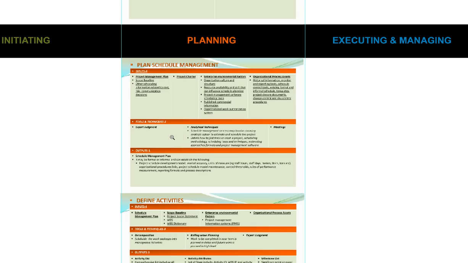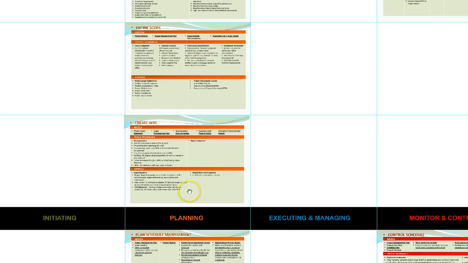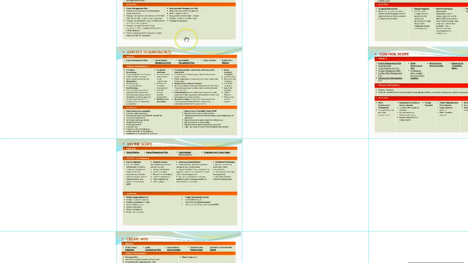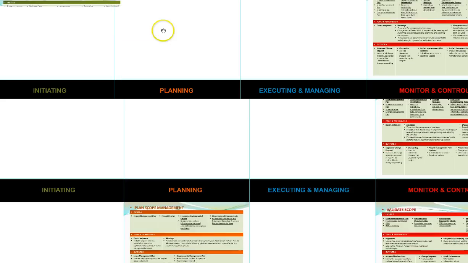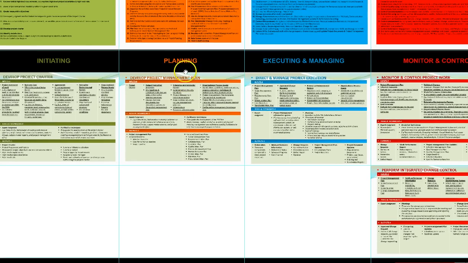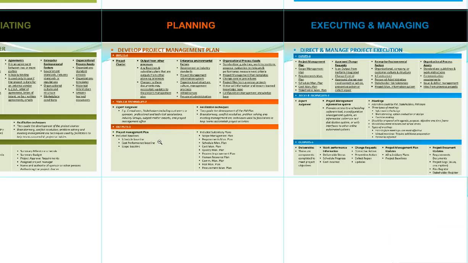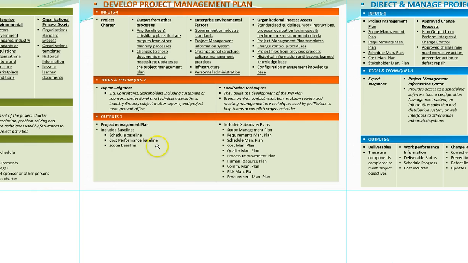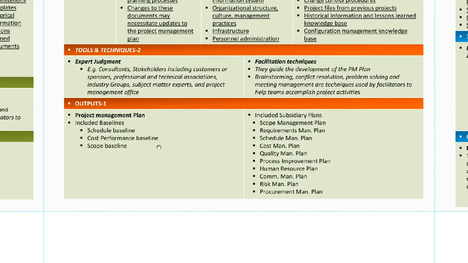So the project management plan is not just one document. It has all the plans associated in the planning process group. So you should know all these different subsidiary plans. Again, they come from all the 24 different processes that are underneath this one.